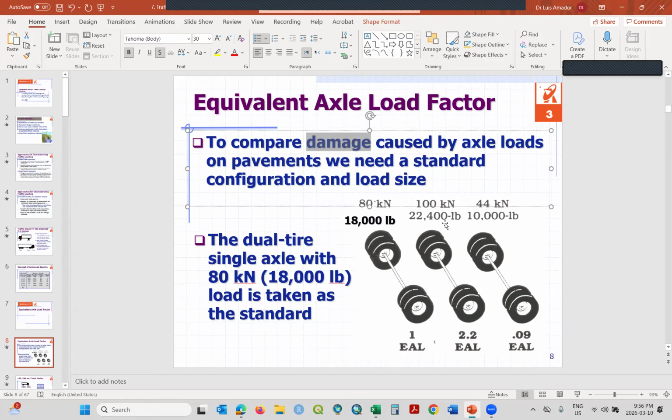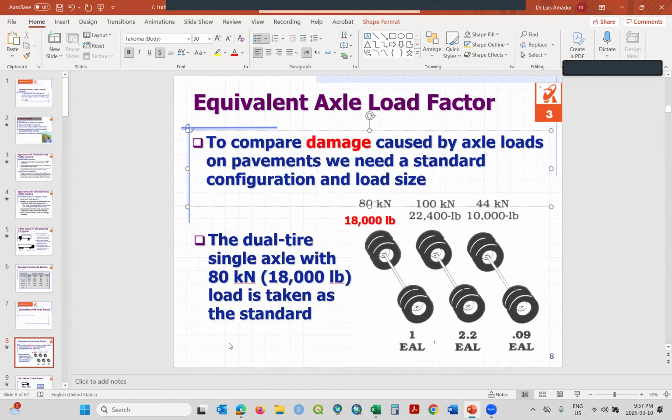Then the 22,000, because it's nonlinear, is producing 2.2 times the damage of the 18,000 pounds. And the 10,000, which is not even half, is only producing 9%, or 0.09, of the damage that the 18,000 pound axle is producing.